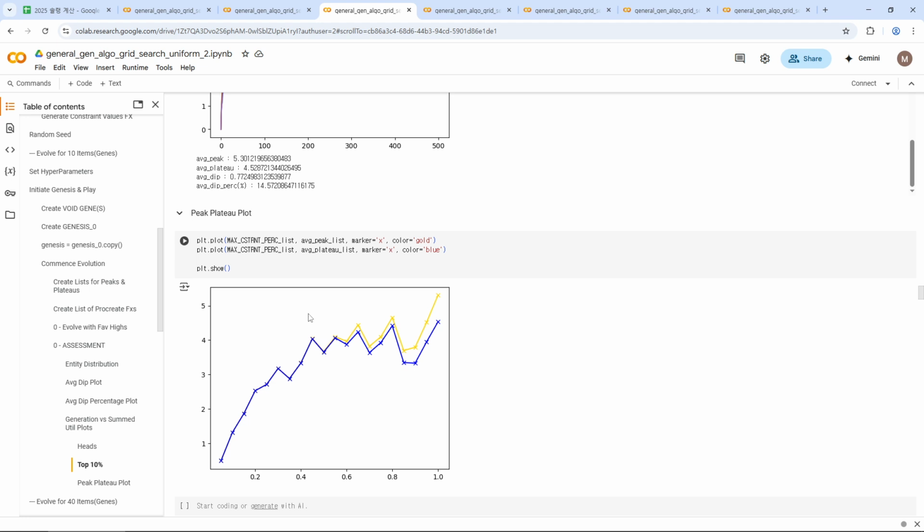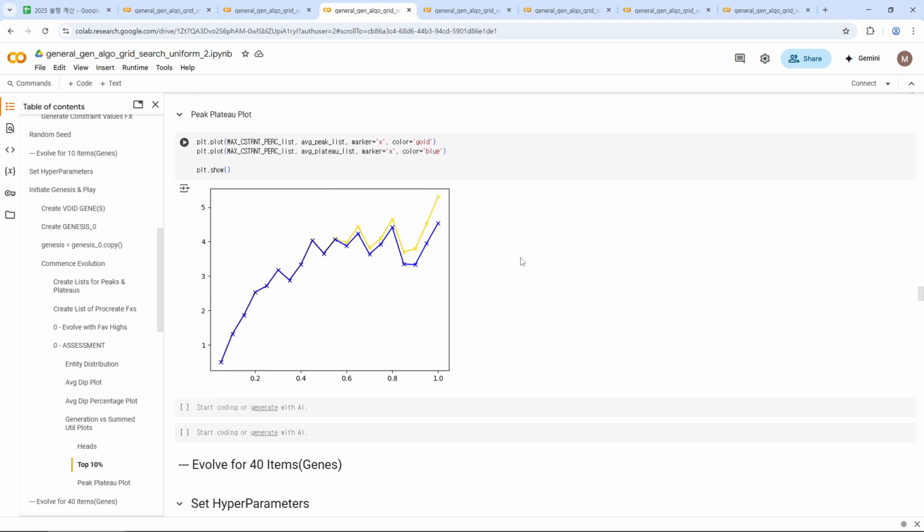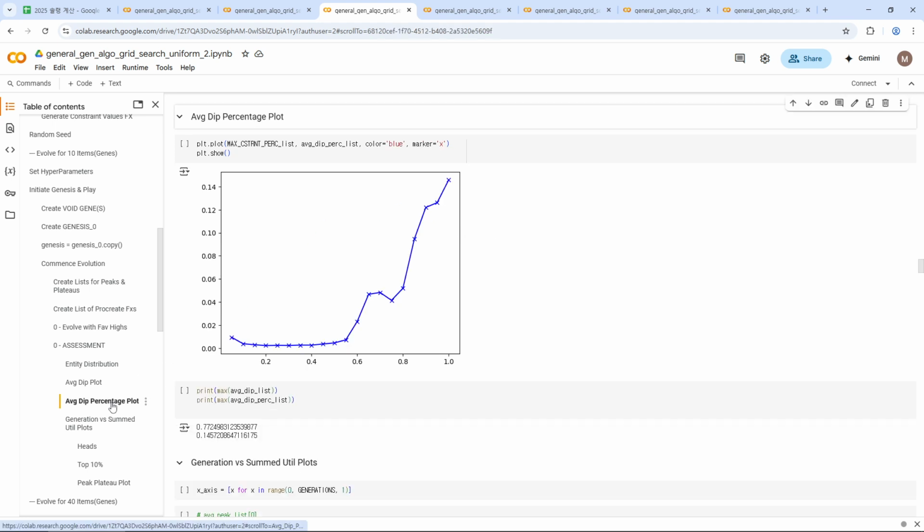So, kind of different, this peak plateau plot, but yeah.